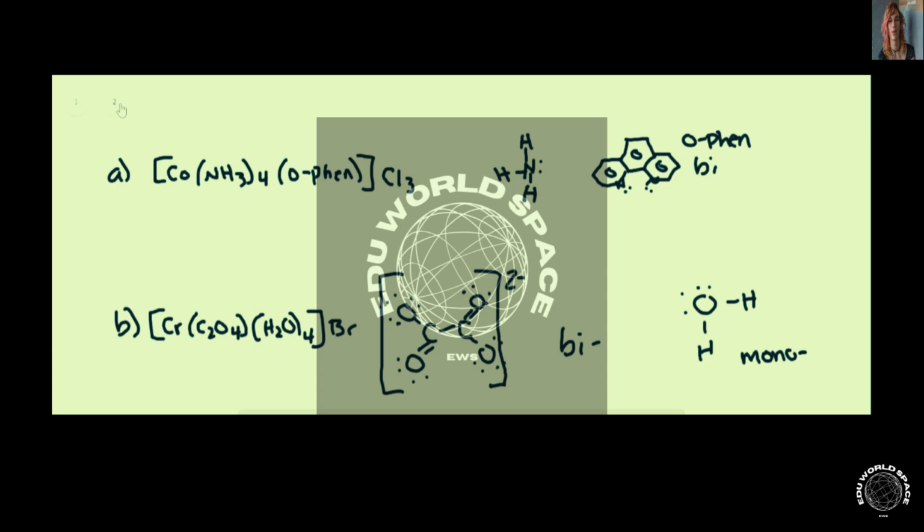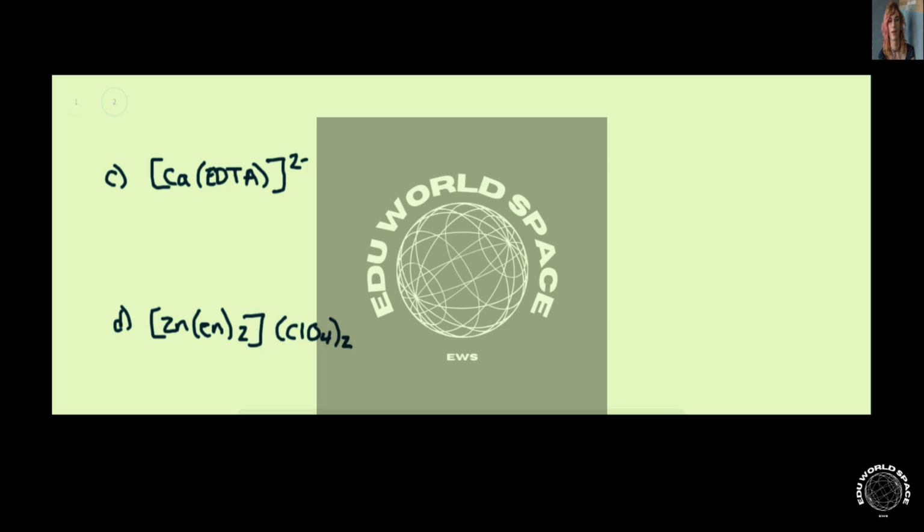Moving on to part C and D with this EDTA complex. So there's only one ligand in this complex, EDTA, and that's the ethylenediaminetetraacetate ion. And so I'll draw the Lewis structure of that.